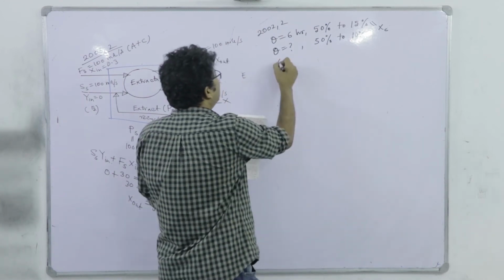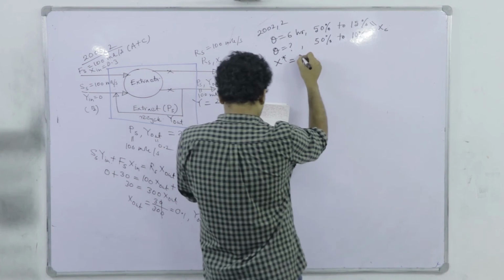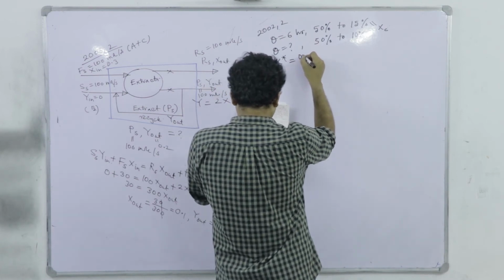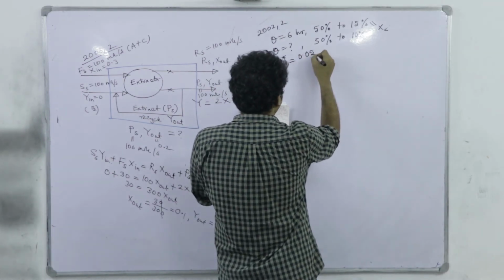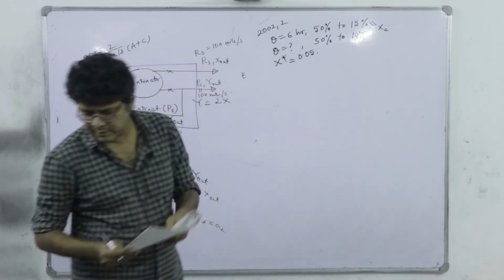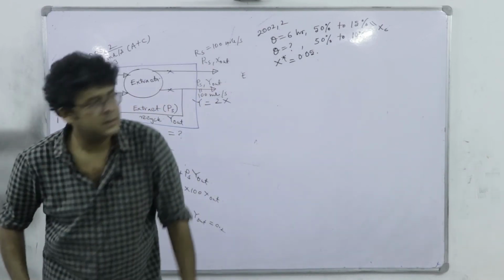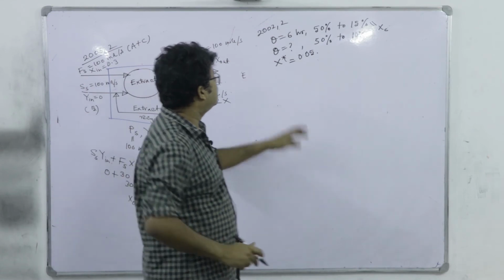And the equilibrium moisture content X star is 0.05.